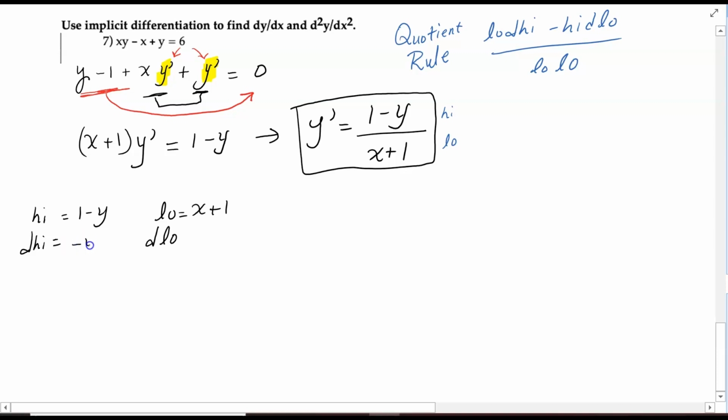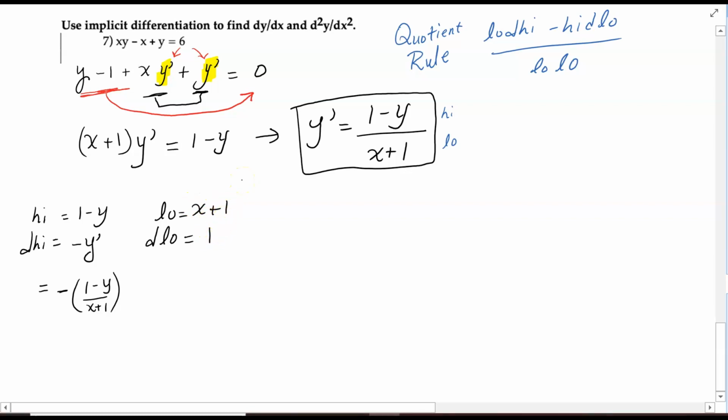But then I say y prime. So a negative y prime. But go back. We already know y prime. So I'm just going to say negative of 1 minus y over x plus 1. Just like that. And then the derivative of low, d low, is just going to be 1 because the derivative of x is just 1 and the derivative of 1 is 0.